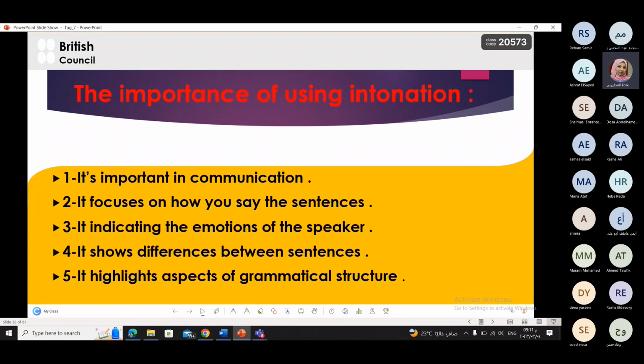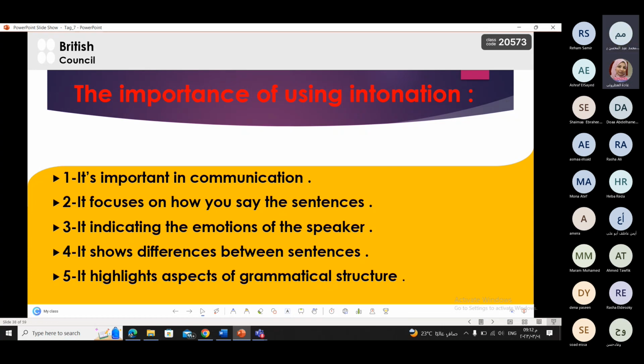I think intonation is very important in communication, and it focuses on how we say the sentence and how we convey the message. Intonation is also about feelings, how the speaker feels when he says a sentence. We can say one sentence in different intonation according to our emotions.